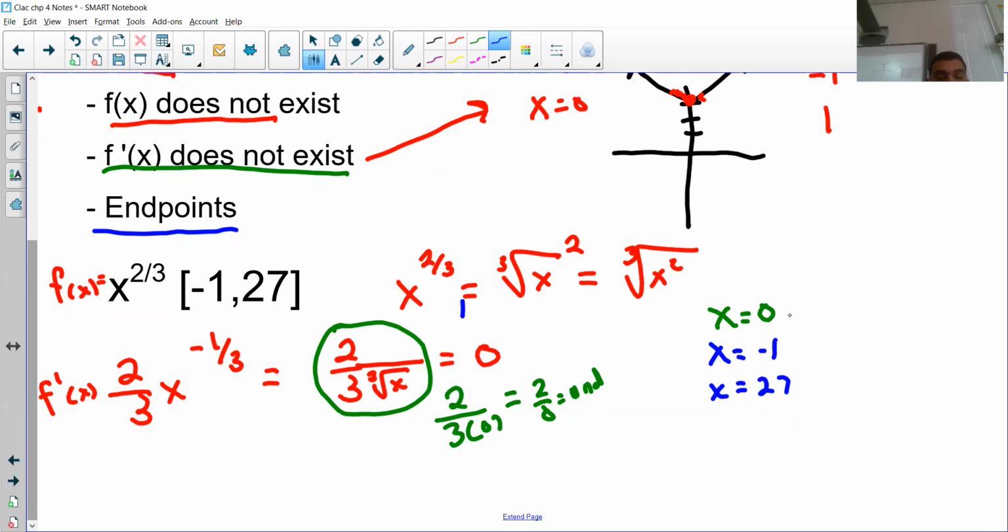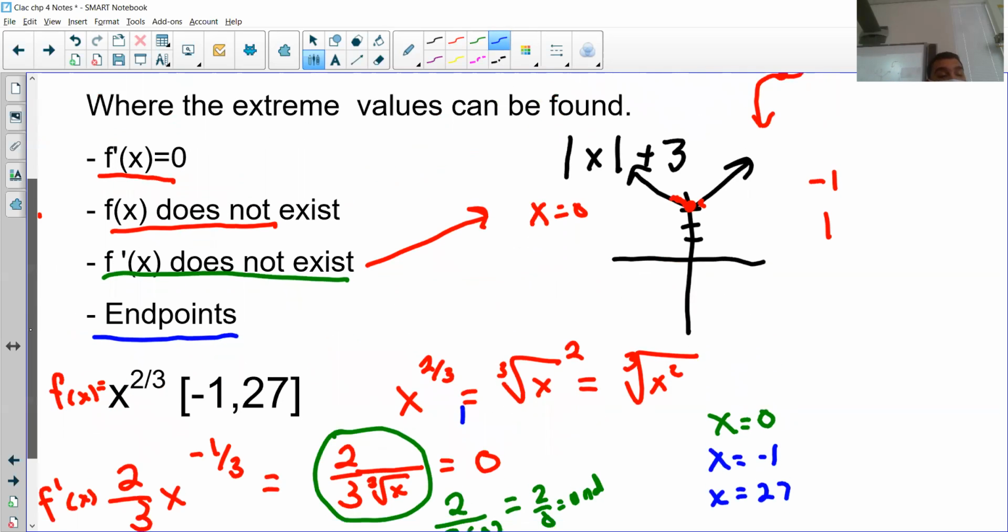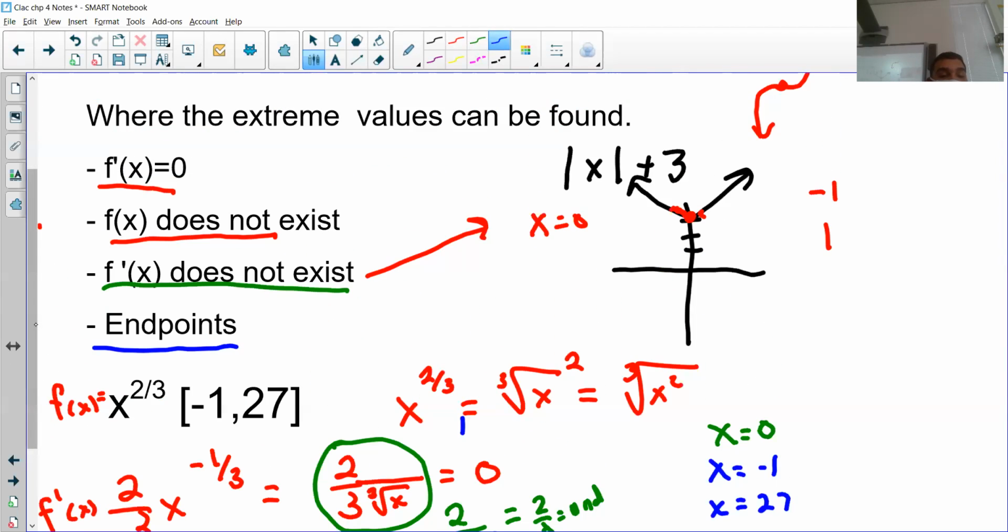Sure. So x equals 0, x equals -1, x equals 27. Okay, so let's plug in these values. Where did I get x equals 0? Technically from the third thing, which I underlined in green, because f prime of x does not exist at 0.